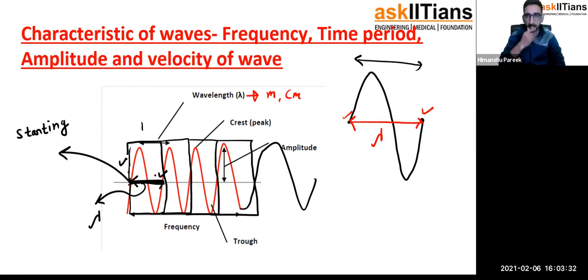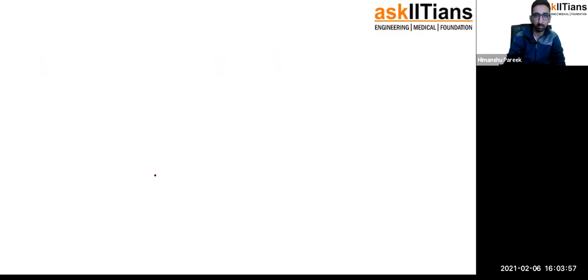Another thing: time taken to complete one oscillation is the time period. Simple. So the distance traveled by the wave in one oscillation is the wavelength, and the time taken by the wave to complete one oscillation is the time period.